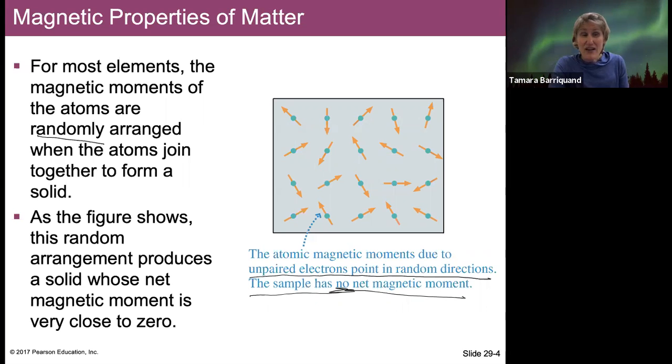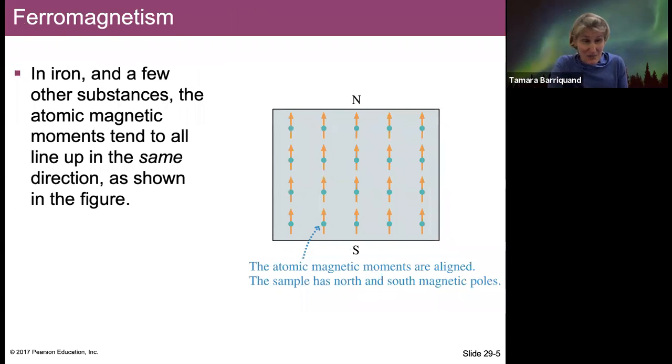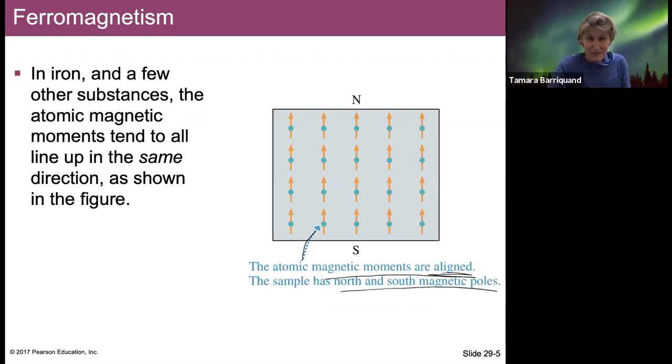However, there are types of matter where the magnetic moments line up. In iron and a few other substances, the atomic magnetic moments tend to all line up in the same direction, as shown in the figure here. So the atomic magnetic moments are aligned, and the sample has north and south magnetic poles, just like a magnet.